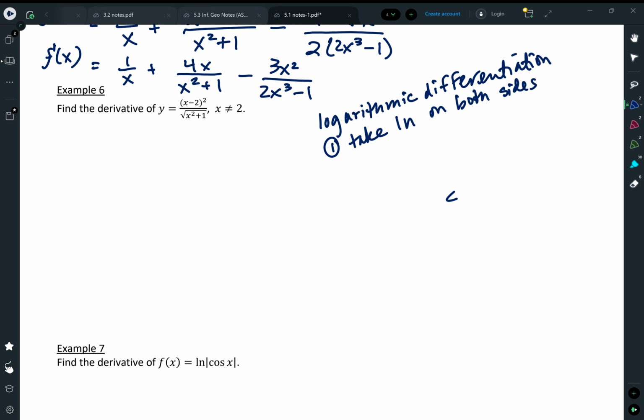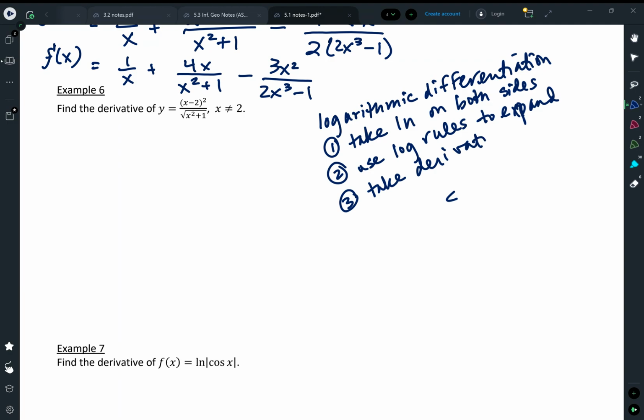Our second step is to use log rules to break apart, which is really expanding. And our third step is to take a derivative. There's kind of a fourth step too, but I think we need to get to that in a minute.